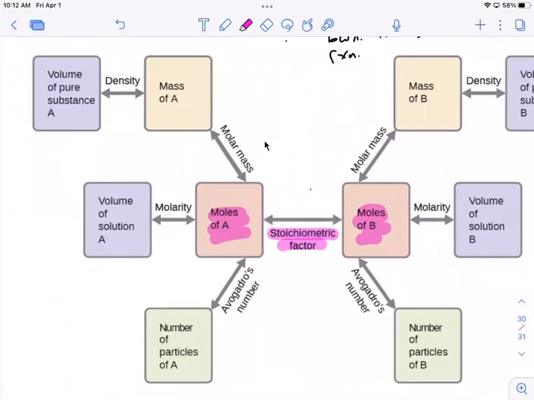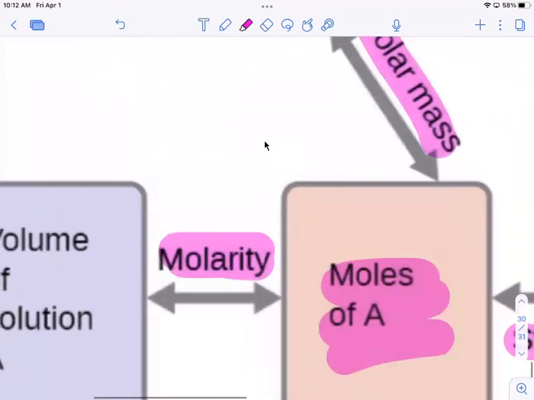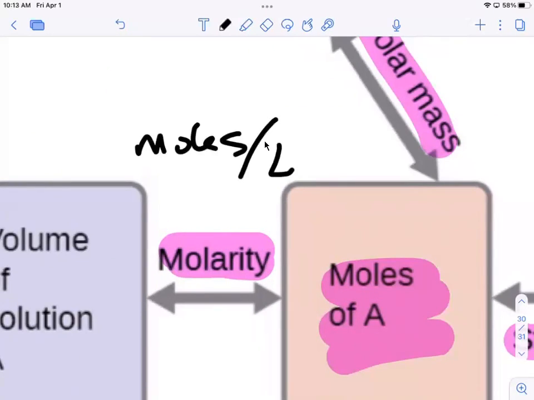We've seen that already. If you have moles and you multiply by the molar mass, you can get grams, right? If you divide moles by molarity, you can get volume, because molarity is moles per liter. So if you remember these relationships, if you want to solve for volume, you divide the number of moles by the molarity.